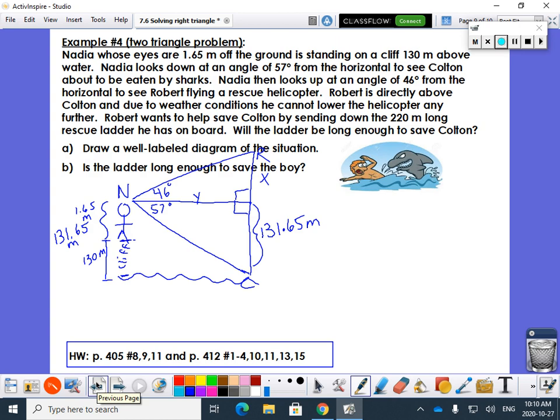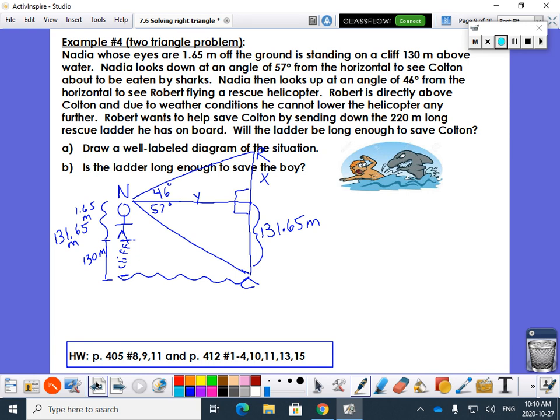Okay, so y is really the horizontal. We said that this was the horizontal from the beginning. We're going to solve for y first, then we're going to have this guy, and then we can solve for x.